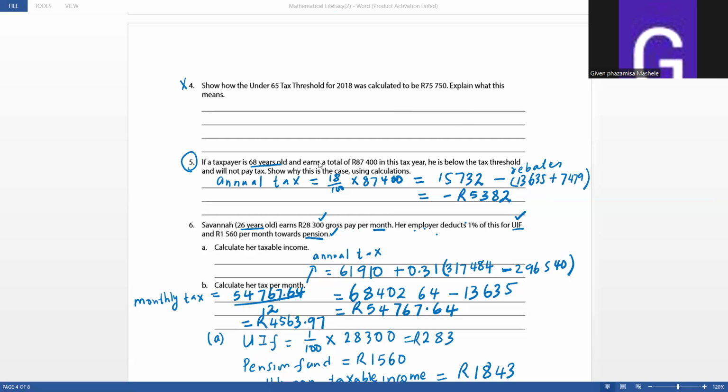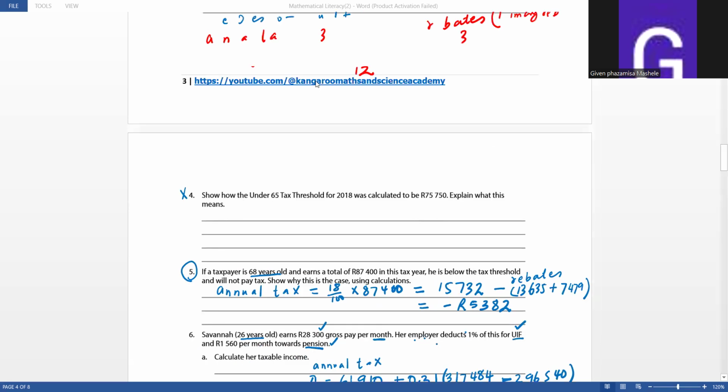Right, remember we know that this tax threshold is the income level at which a person will start paying tax. Let's look at this. It should be a level where there is no tax to be paid. So if we take that income, it's 75,750.